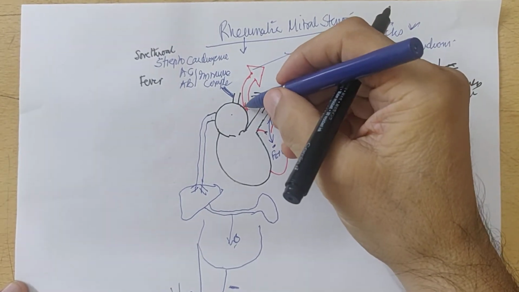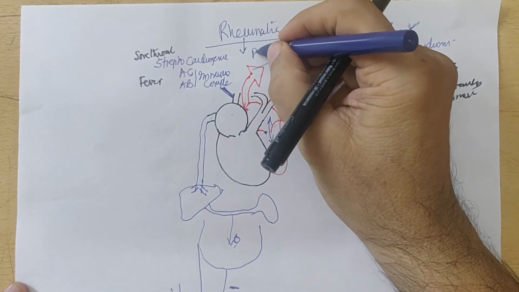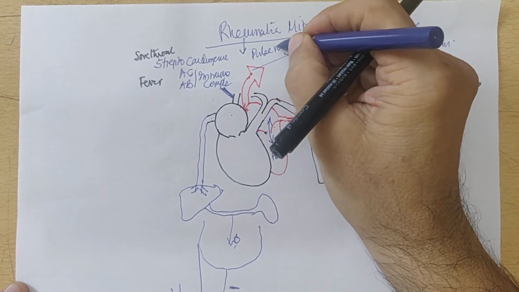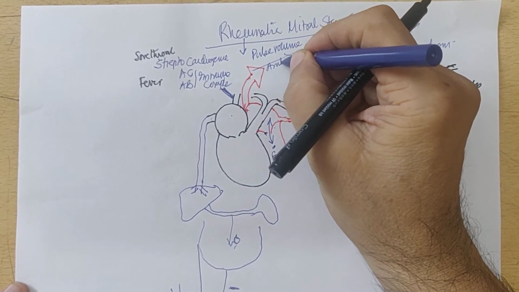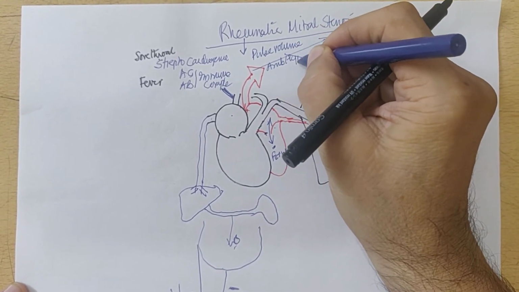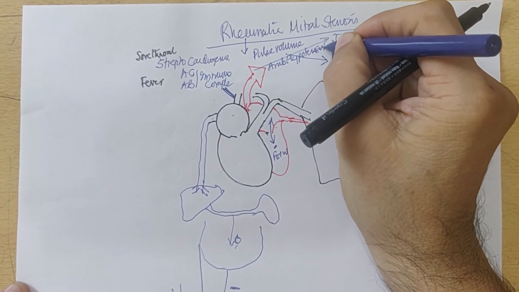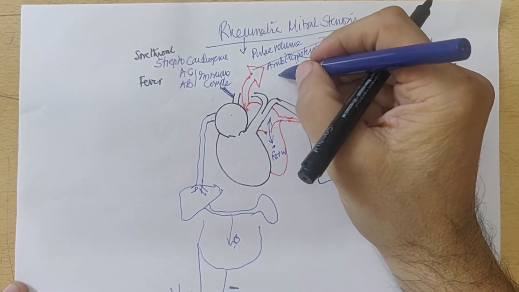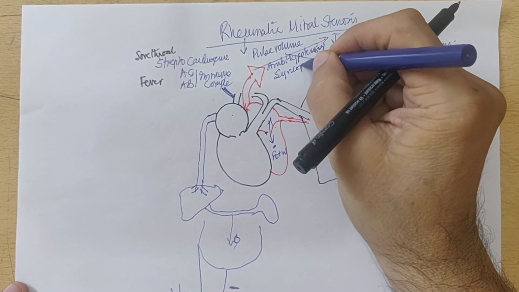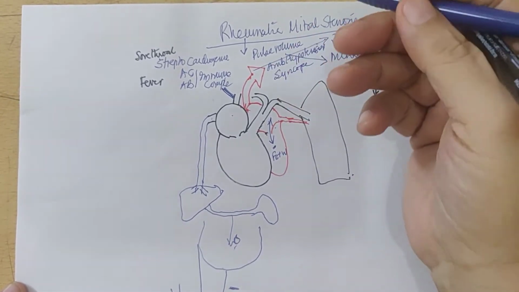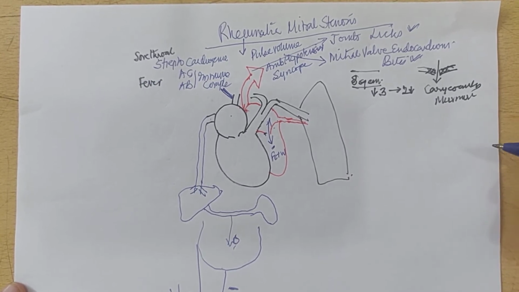So the pulse volume may decrease, and it may decrease so much that sometimes you may have postural hypotension. For example, if a person gets up, he may fall unconscious, or there may be even syncope or cerebral or brain blood supply deficiency.